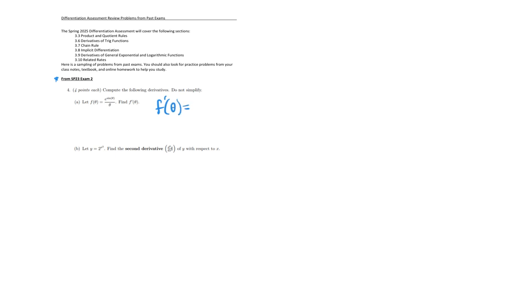Since this is ultimately structured like a quotient rule, I'll write out the structure of the quotient rule. It's going to be low d high minus high d low, and then square the bottom. So the bottom function is theta.